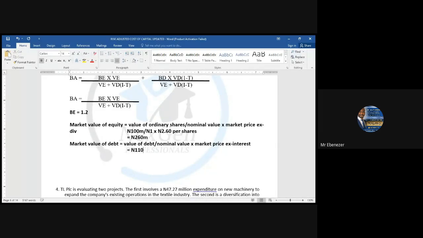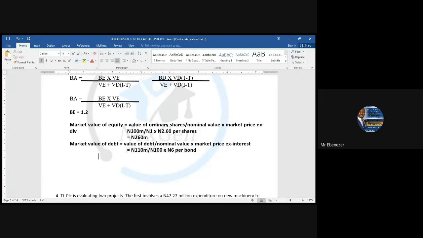So we have 110 million divided by 100 times the market price currently quoted, 96 naira per bond. So what is the value? 105.6 million. That's fine.